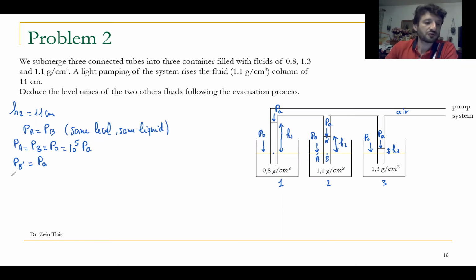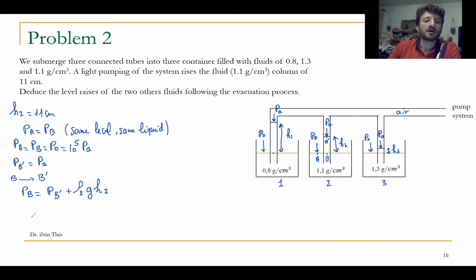So between B and B prime, we can say P below, PB, equals P above, PB prime, plus rho 2 G H2.